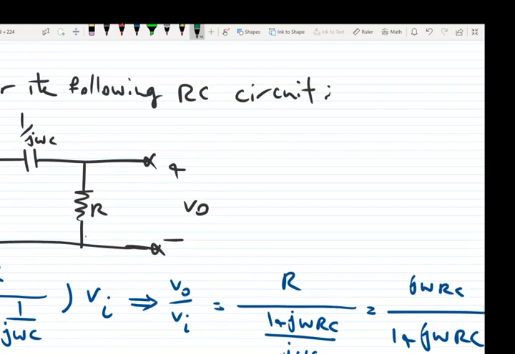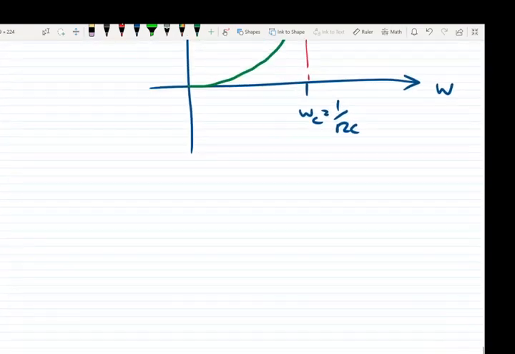We know that the capacitor is open or short circuit for DC and high-frequency signals.